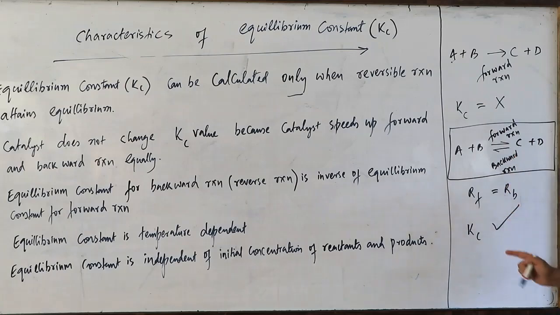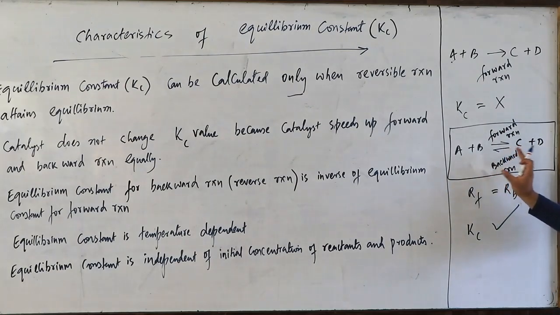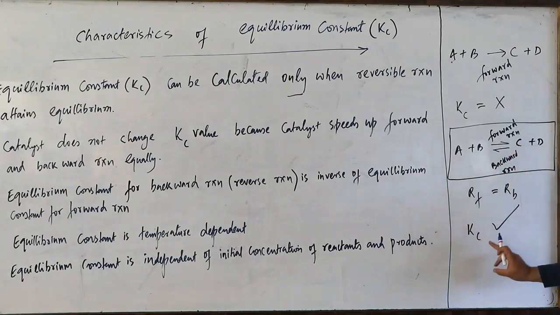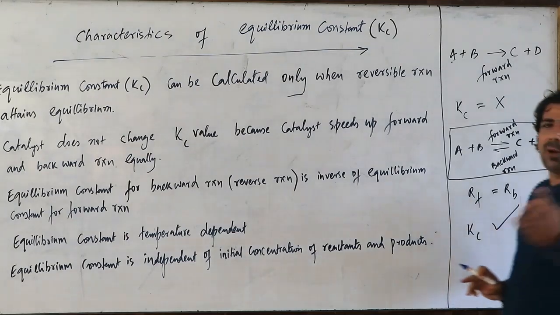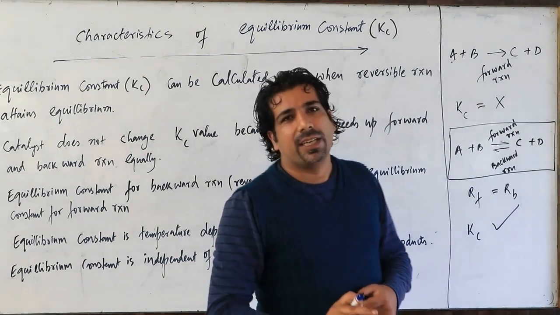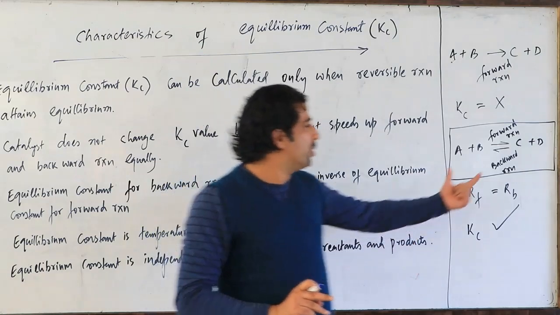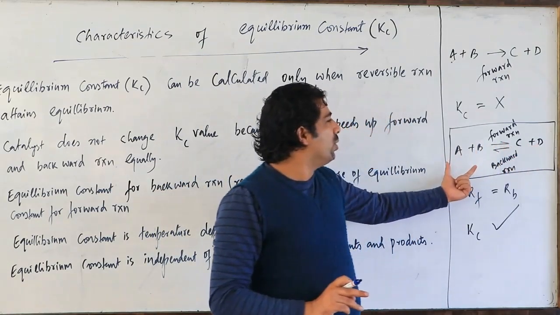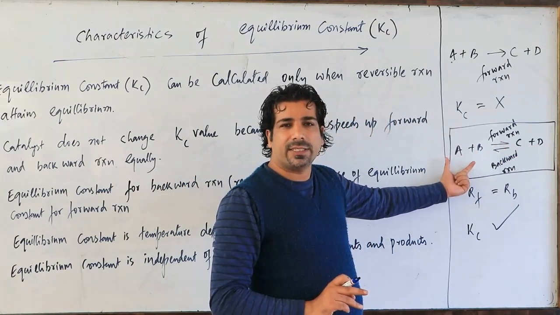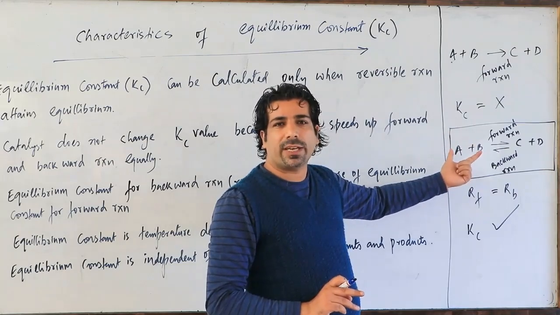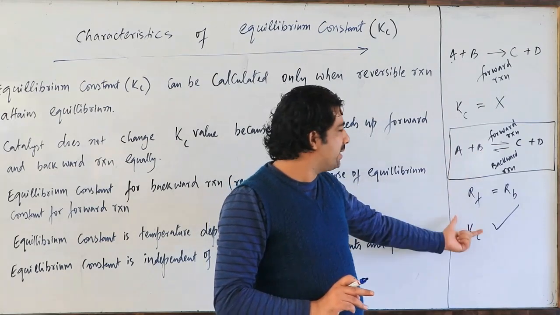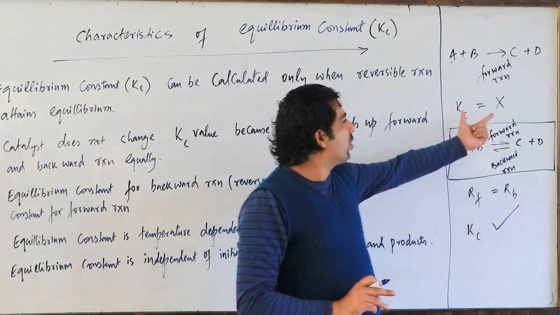So we will say that this reaction is at equilibrium. And now I can calculate the value of Kc. And you know how to calculate the value of Kc. Kc is equal to molar concentration of products divided by molar concentration of reactants raised to the power equal to their stoichiometric coefficients. So here Kc value will be calculated, but not for this.